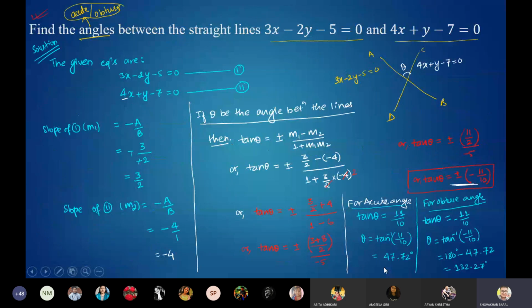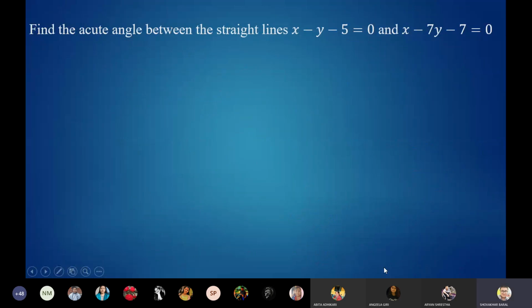This question was included in your textbook, so I use this one. The answer will be maybe 36.87 degree.